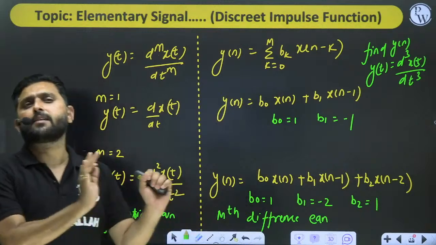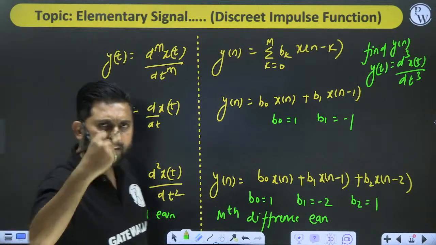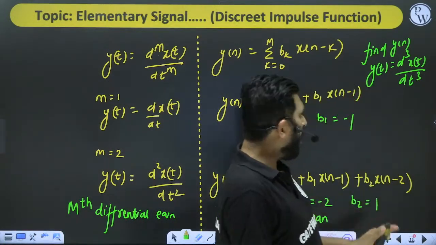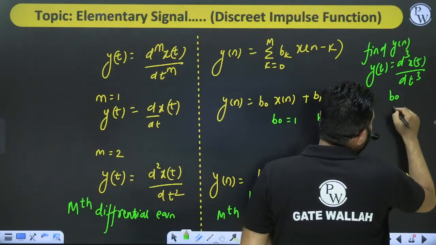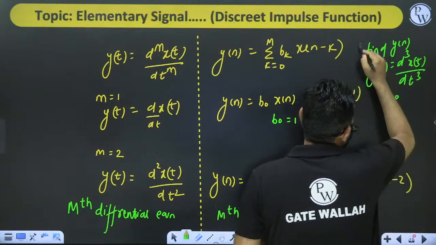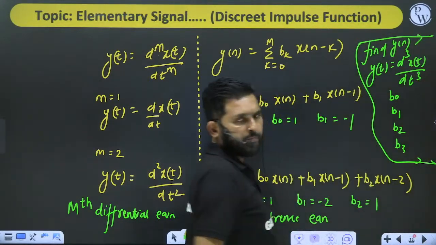Exactly the same method you have to follow. Iteration by iteration, easily you can find out. In general, what coefficients you will get? You will get the coefficients b0, b1, b2, b3. You have to find out these coefficients and write this in terms of this one. This is the homework for you.